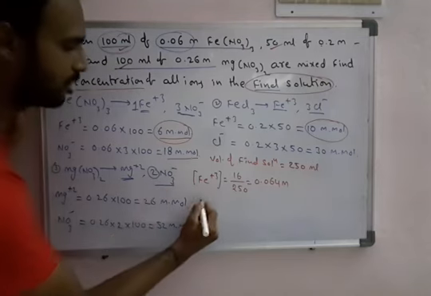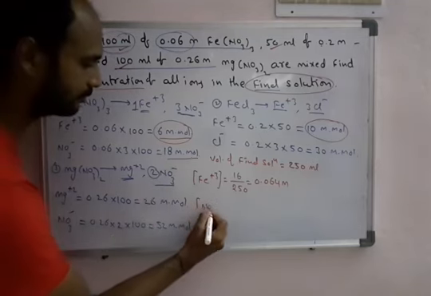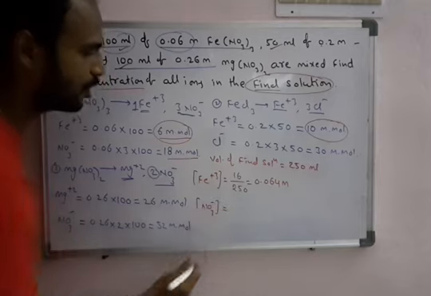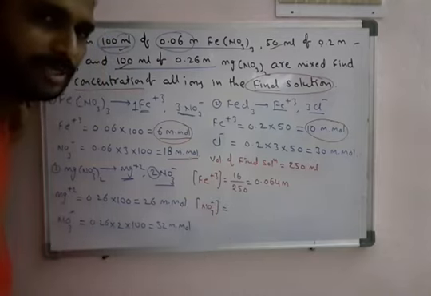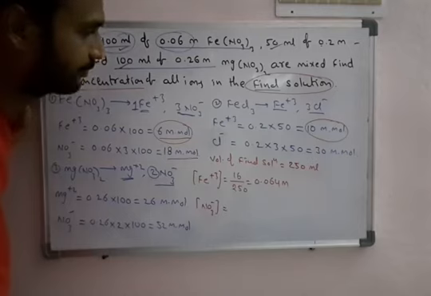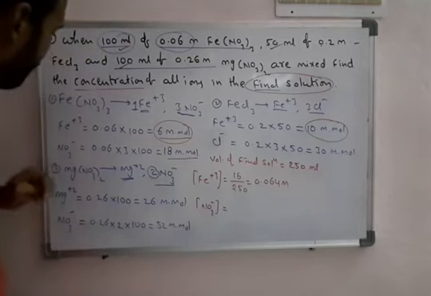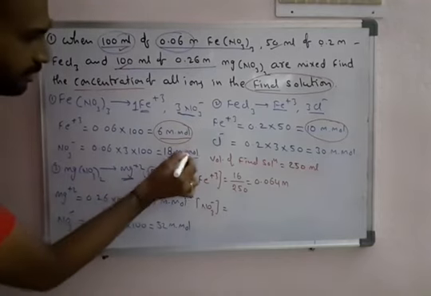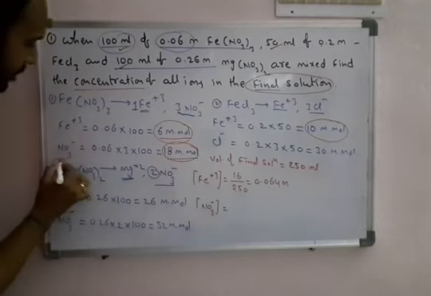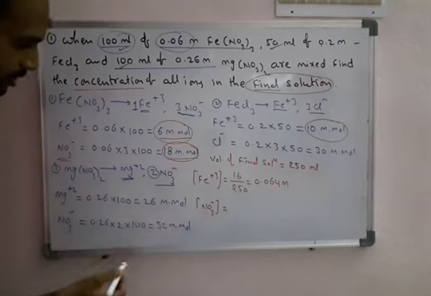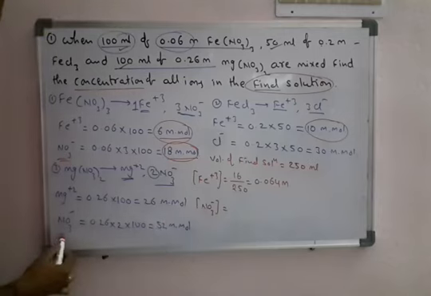Next is the concentration of nitrate ion. What are the total millimoles of nitrate in the final solution? In the first solution there is 18 millimoles of nitrate, and here again it is 52.